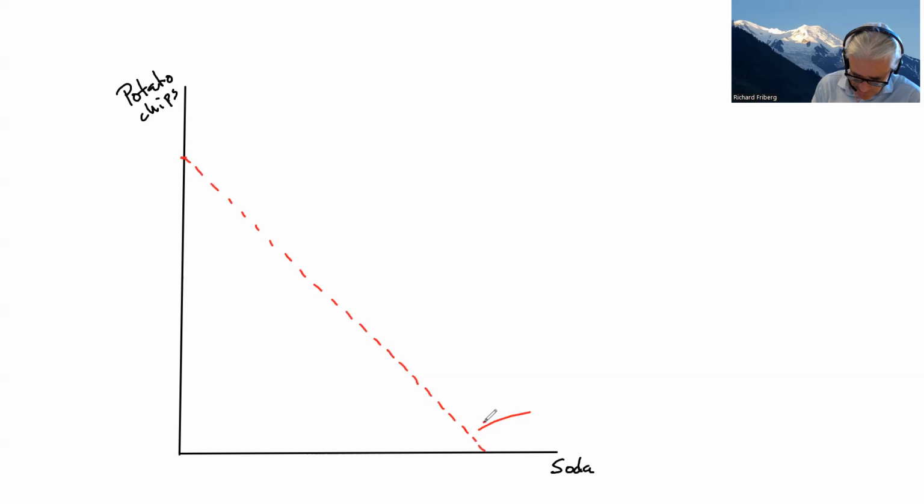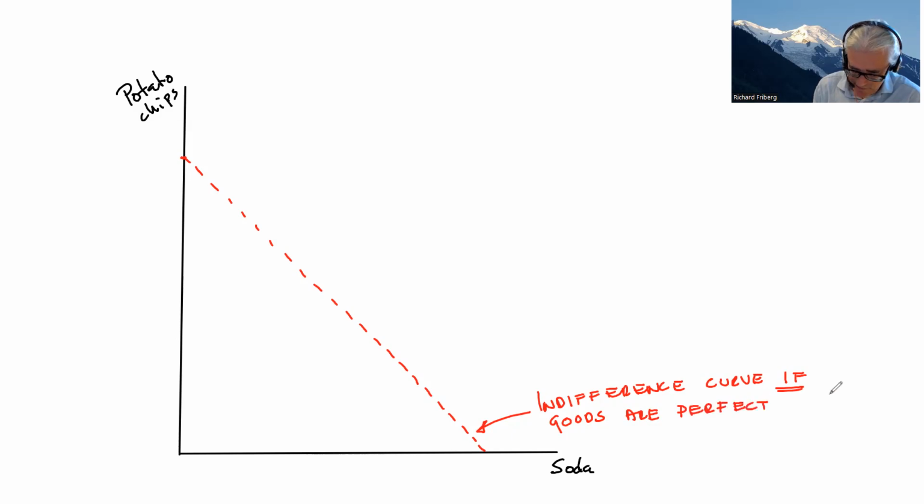So this would be the case, if the two goods are perfect substitutes. Okay, so no matter how much potato chips you have, you're always willing to trade it off for the same amount of soda. Or the marginal rate of substitution, if we want to use a fancy word, is constant.